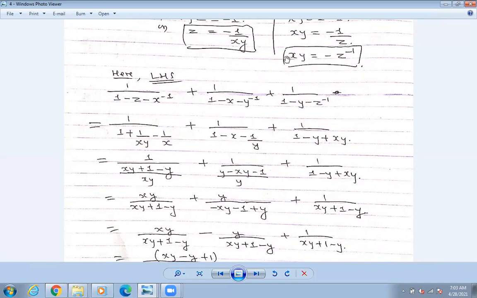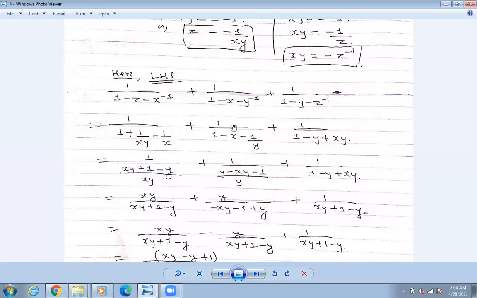Is there plus or minus sign? There is plus sign, plus xy. So let us write down plus xy, that's why we are replacing it by plus xy. So if we have understood this much, then we can solve the remaining number.